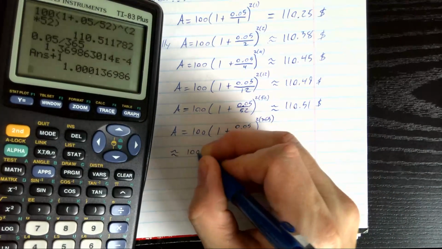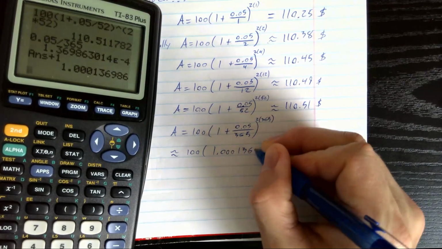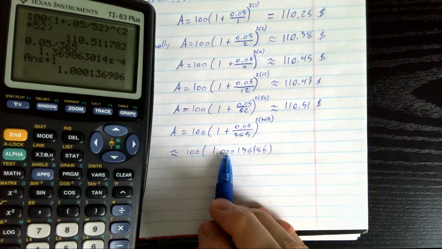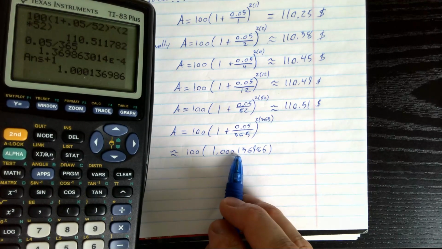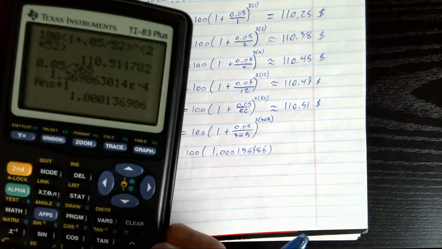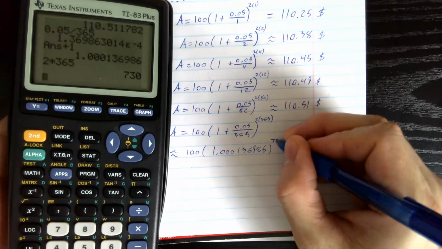So we're getting 1.00013698. That's like 0.01%, about 1/100th of a percent on here, but we're calculating interest 730 times.